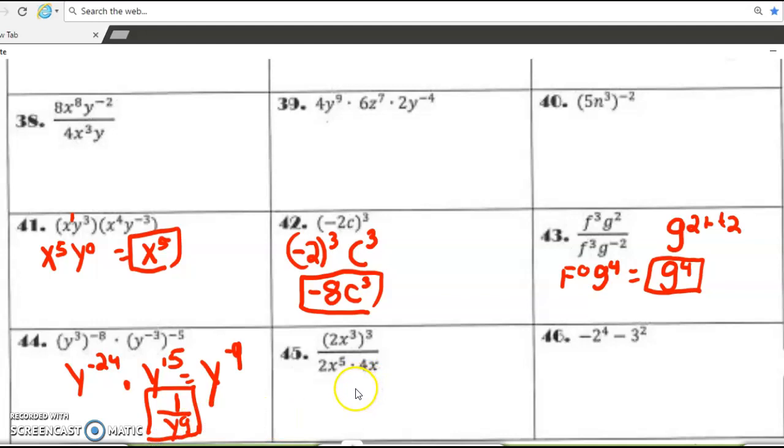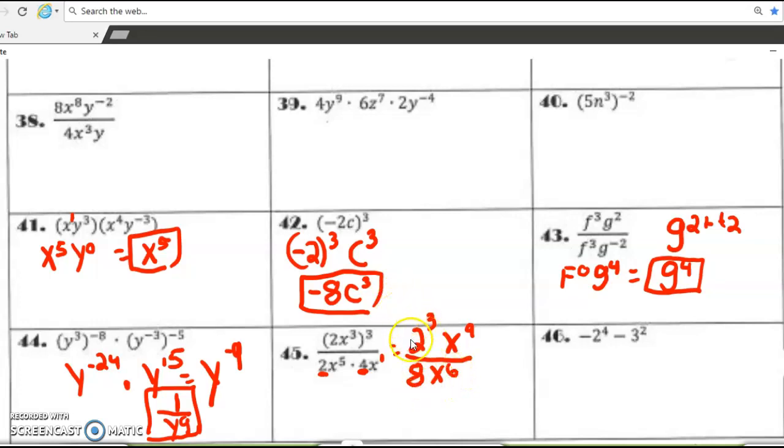All right. So, we got a lot of stuff going on at 45, don't we? Well, let's distribute the 3 first on the denominator. 2 to the third. x, power of a power is multiplying, so that would be 9. Okay. And then we have 2 coefficients, 4 and 2 is 8, right? And then there's a little 1 there, so that would be x to the sixth.